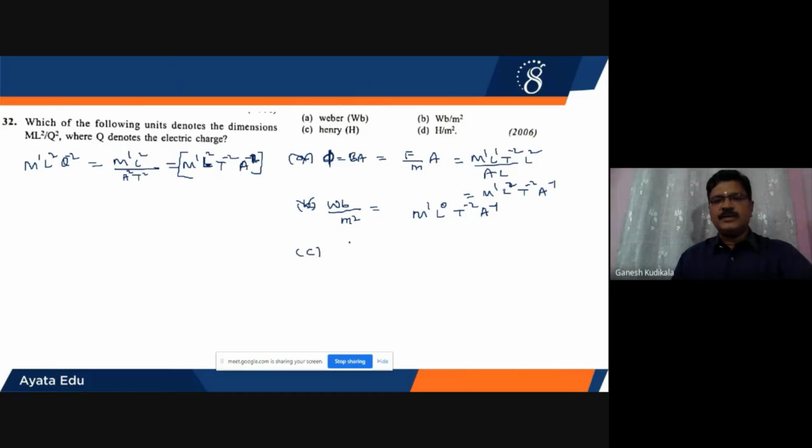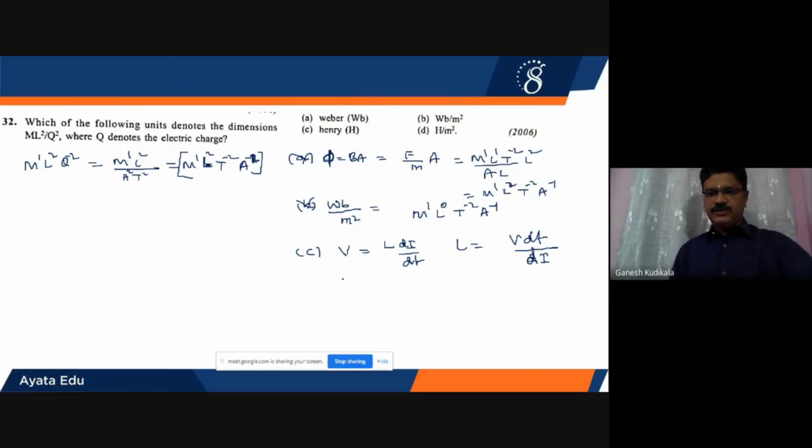C option we will see. It is Henry. Henry is actually the unit of self inductance or even mutual inductance. The potential difference produced from Faraday's law is, ignoring the minus sign, L into di by dt. Therefore, L is equal to V into dt by di. What is V actually?